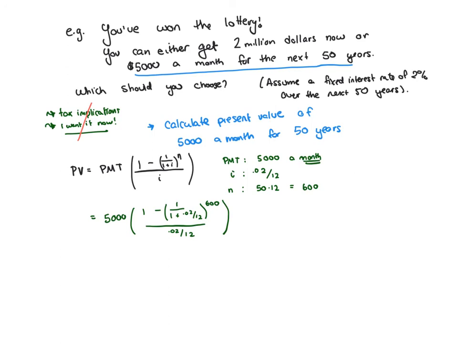I put in my 5,000 for my P, my 0.02 over 12 for my I, and my 12 times 50 for my N. And it tells me that that present value is $1.895 million. $1,895,442.62. So that's less than that $2 million.